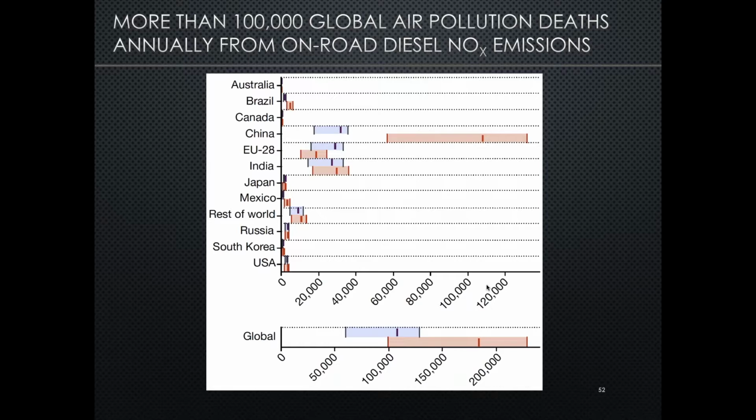In 2040, that's likely to increase substantially. We estimate about 175,000 air pollution deaths annually around the world from on-road diesel NOx emissions in 2040. And that's largely driven by growth in China if China does not implement Euro 6 standards, particularly for heavy-duty vehicles. Next slide.